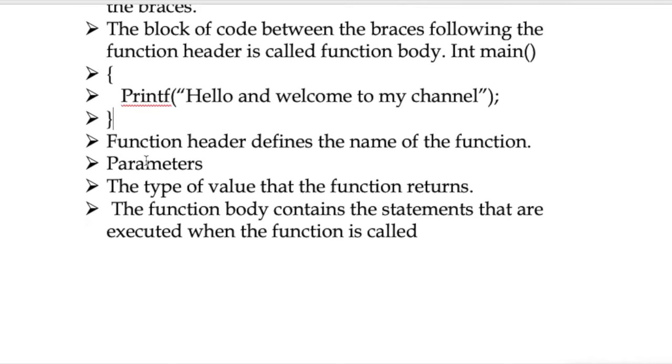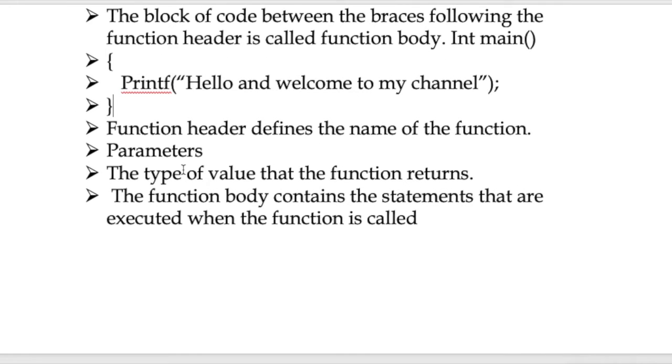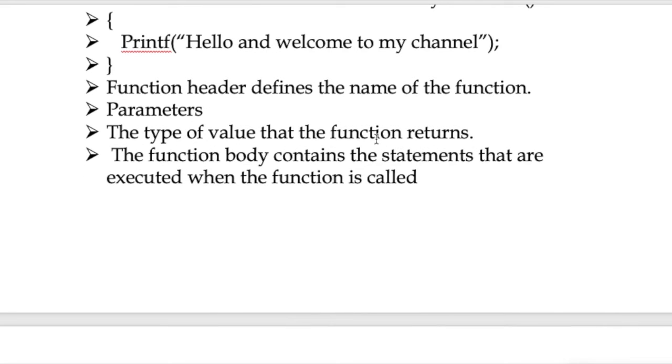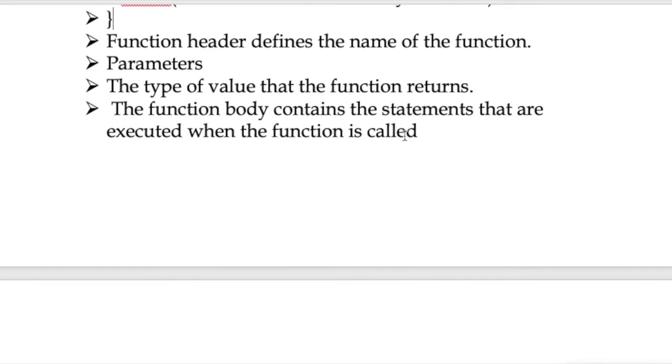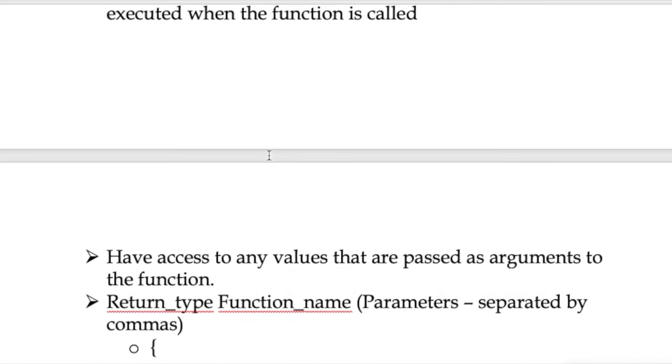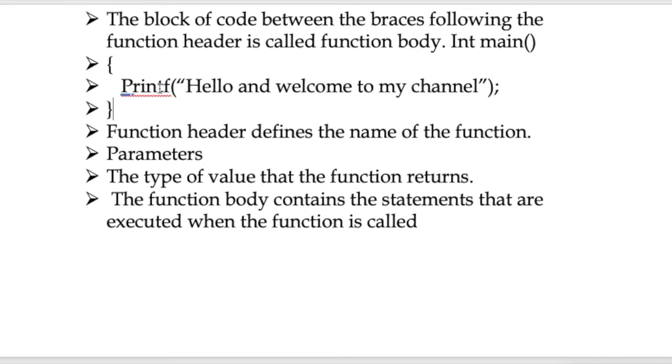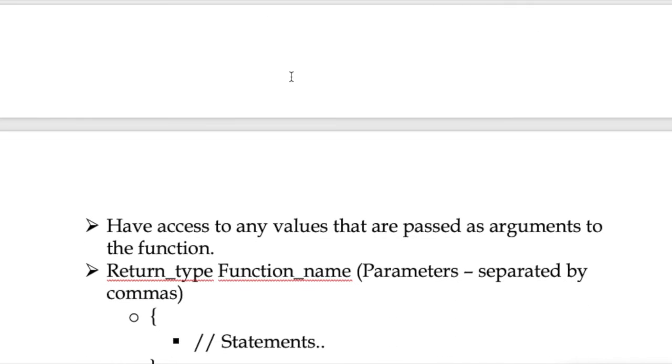The function header defines the name of the function, the parameters, and the type of value that the function returns. The function body contains the statements that are executed when the function is called. So the function body only contains the statements which are executed when the function is called. Here with printf, I'm calling a function to print out the line hello and welcome to my channel.